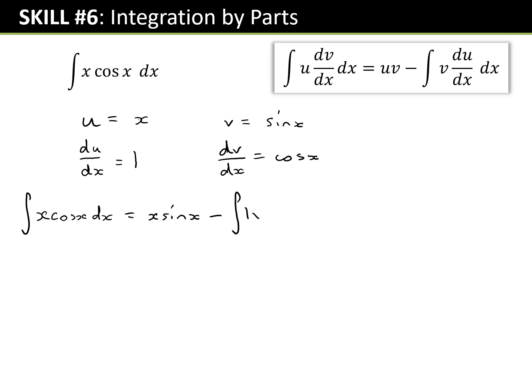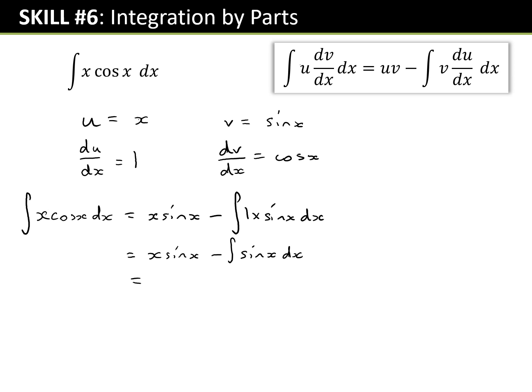So 1 times sin x dx. That's equal to x sin x, doesn't change, minus the integral of 1 times sin x, which is sin x, with respect to x.